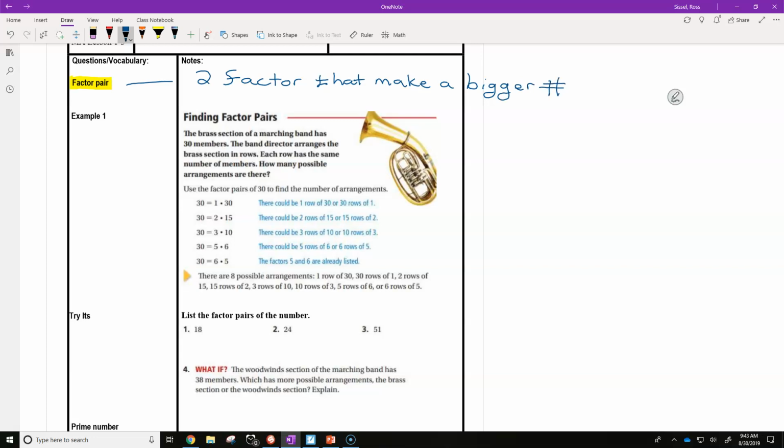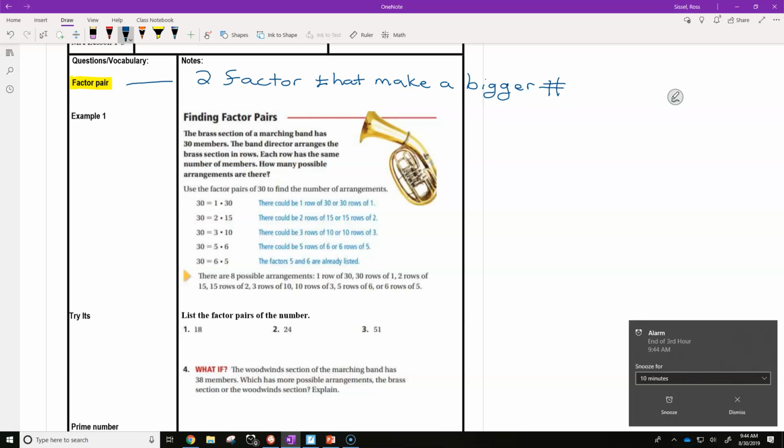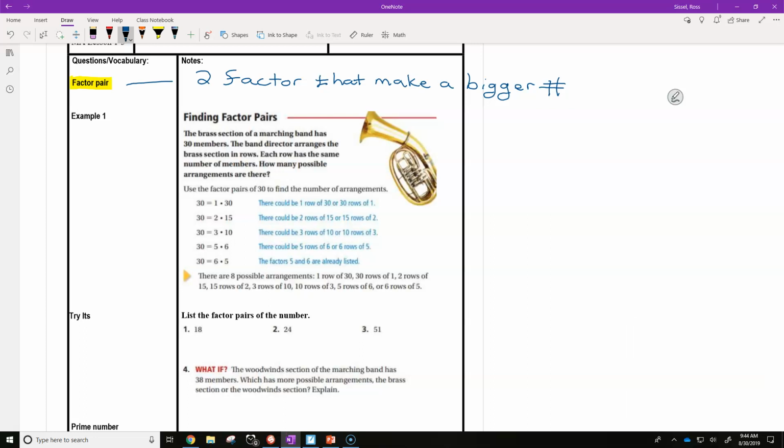I'll take it. If you want to change your wording, that's fine. So she's right. A factor pair are two factors that give us a new product. The only thing I would change is that maybe we would use more math vocabulary in it. Two factors that make a product.